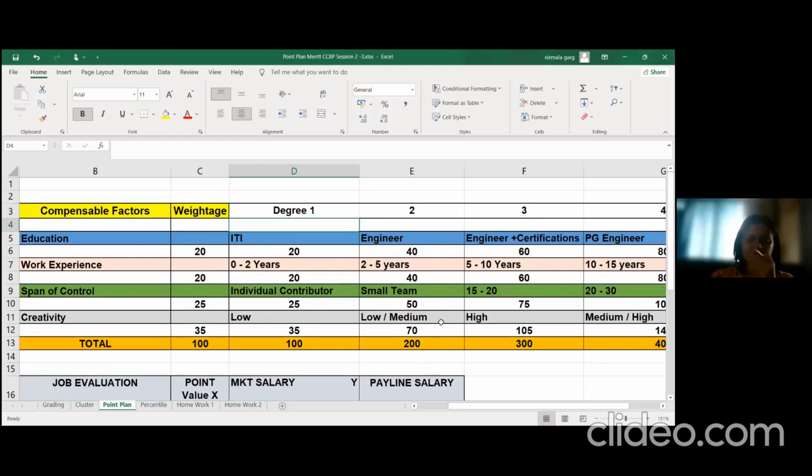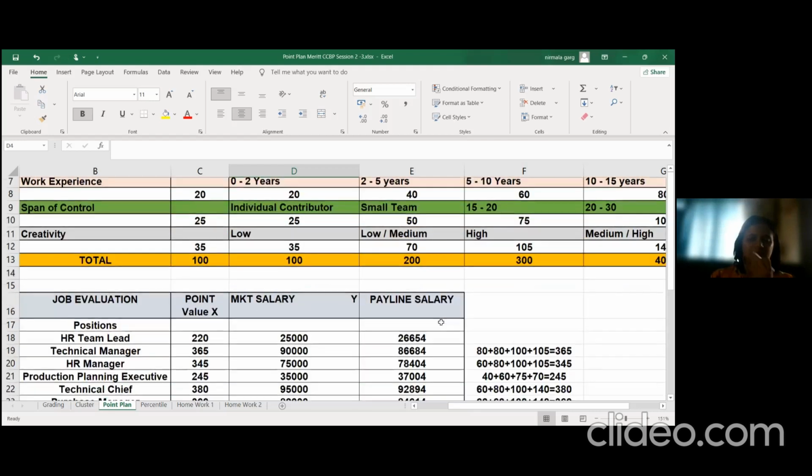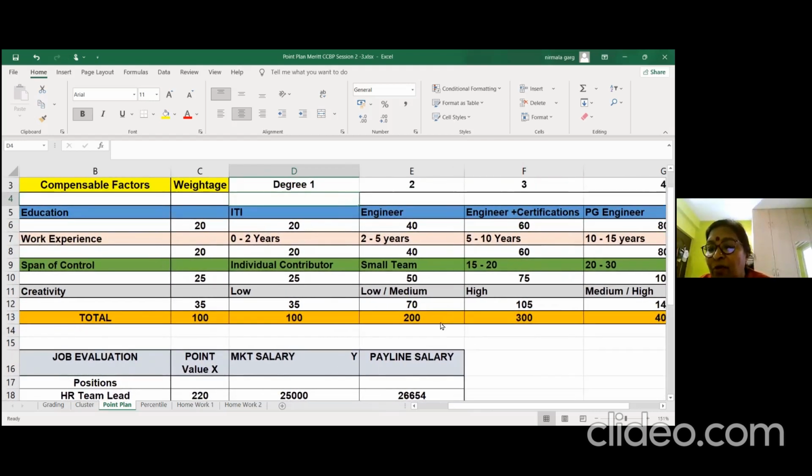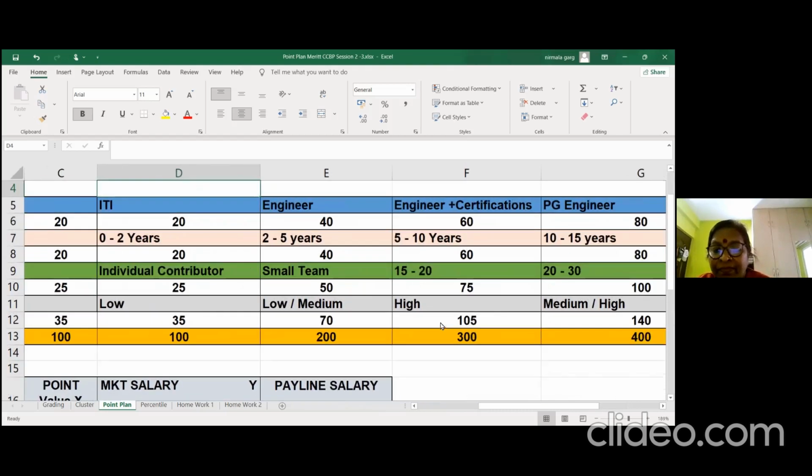So guys, scroll down a little. Yeah. So don't look at this. I'm going to help you all because you will get confused. You have to create this, list out all the positions, and then start evaluating the jobs and do the total evaluation points for every job.